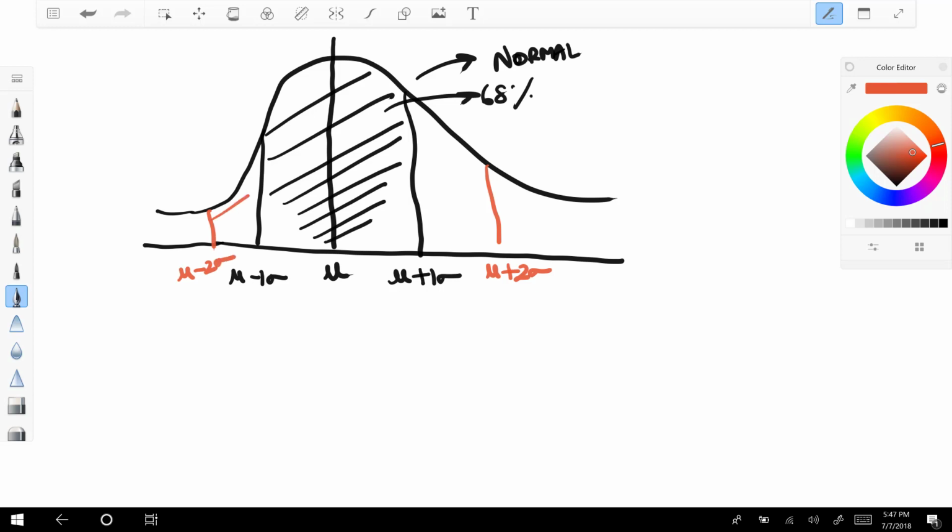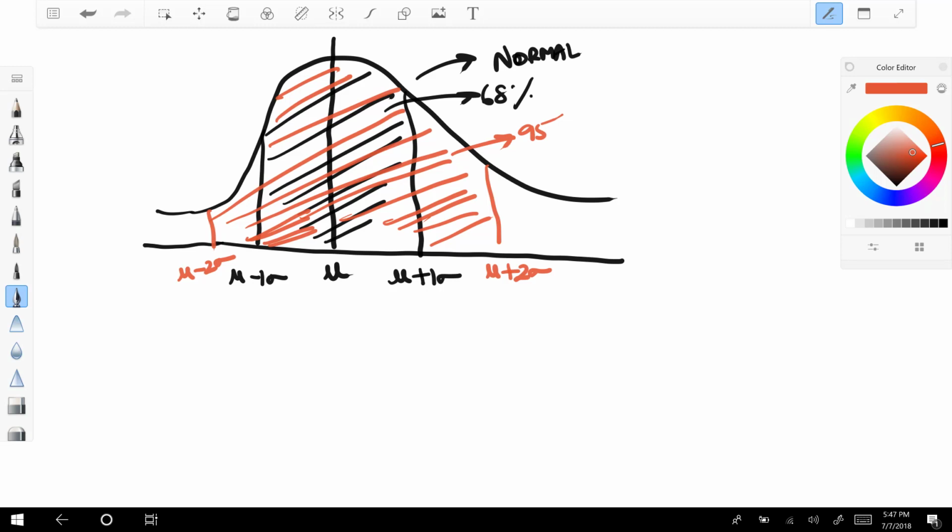So this entire data is 95%. So that is two standard deviations from the mean.